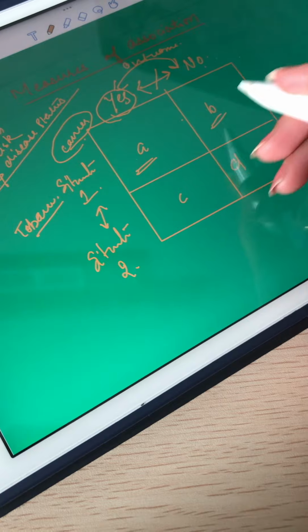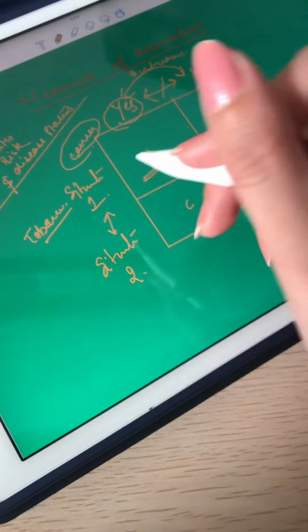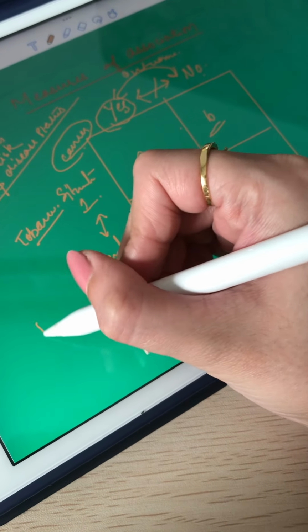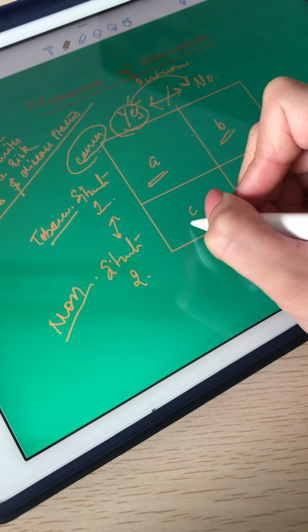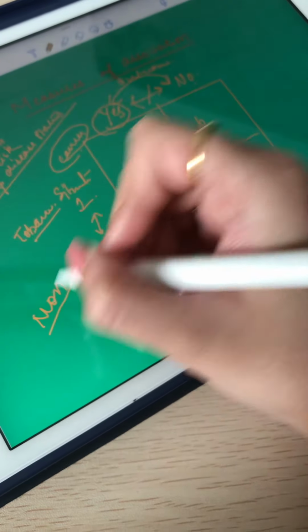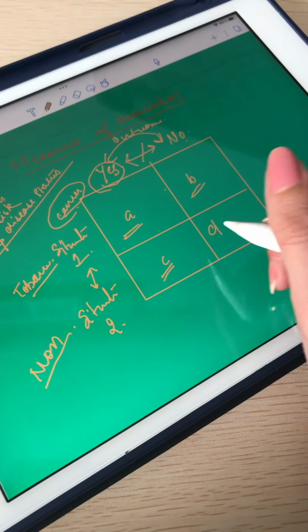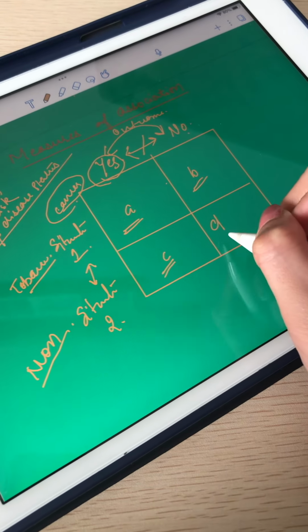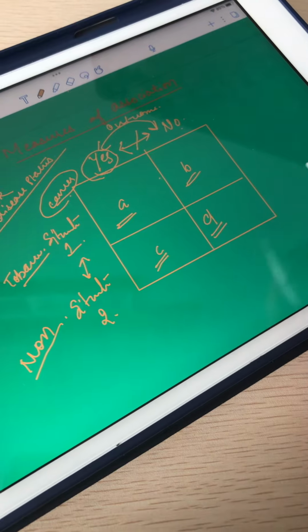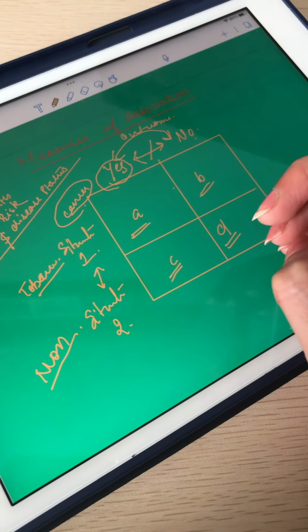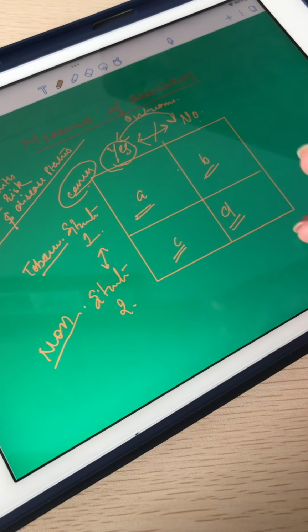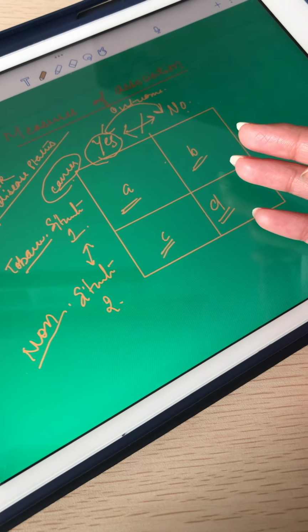The probability is B. Non-tobacco eating people can get cancer. The probability of this is C. And non-tobacco eating people cannot get cancer. The probability is D. These are the ratios which we have obtained through the study.